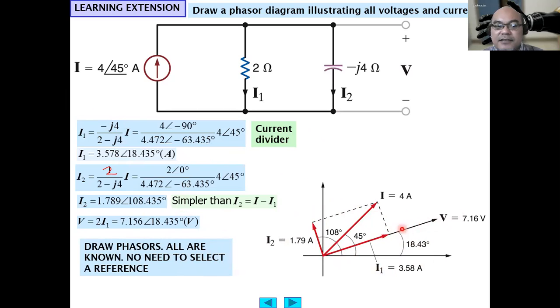In phase with the voltage here, with a phase angle of 18.435 degrees. The current I here is 4 ampere with a phase angle of 45 degrees. Then I2 is 1.79 with a phase angle of 180 degrees. So this is the phasor diagram.